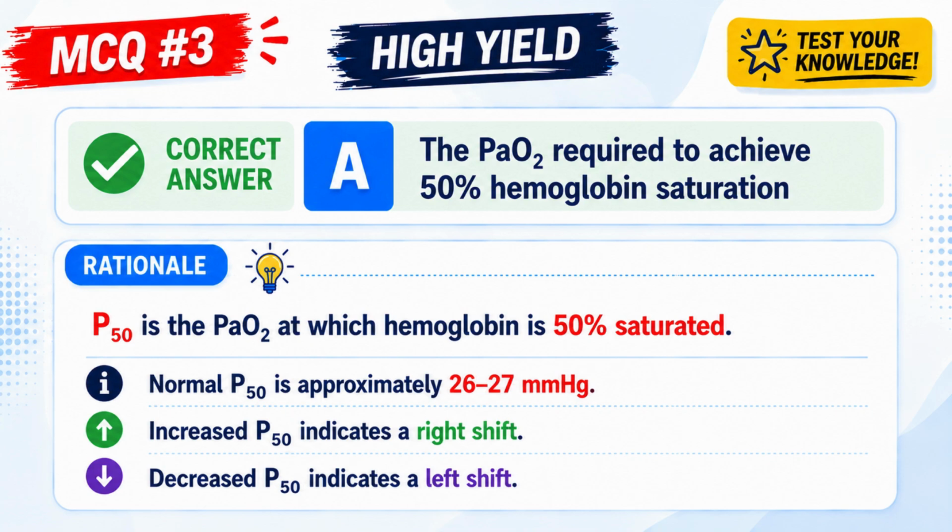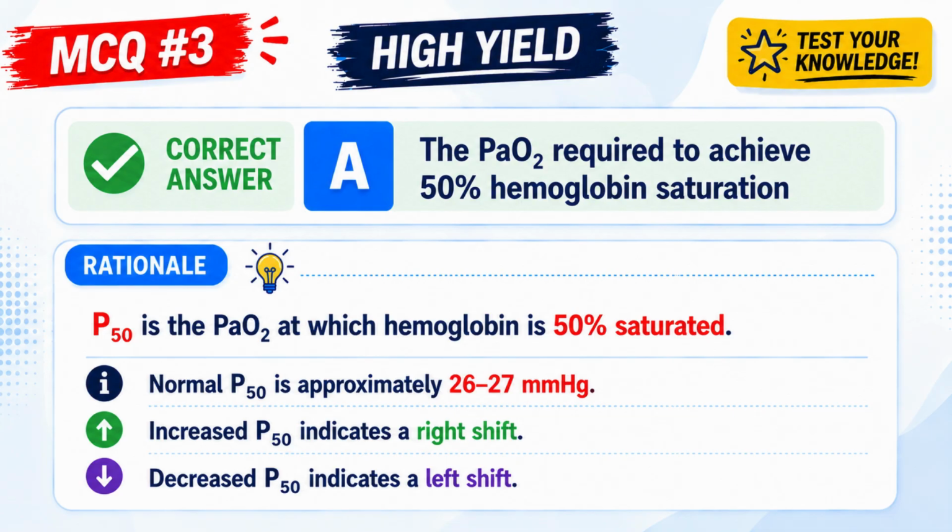Here's why. P50 is a single reference point on the oxyhemoglobin dissociation curve. It tells you the PaO2 at which exactly 50% of hemoglobin binding sites are occupied with oxygen. Normal P50, 26 to 27 millimeters of mercury.